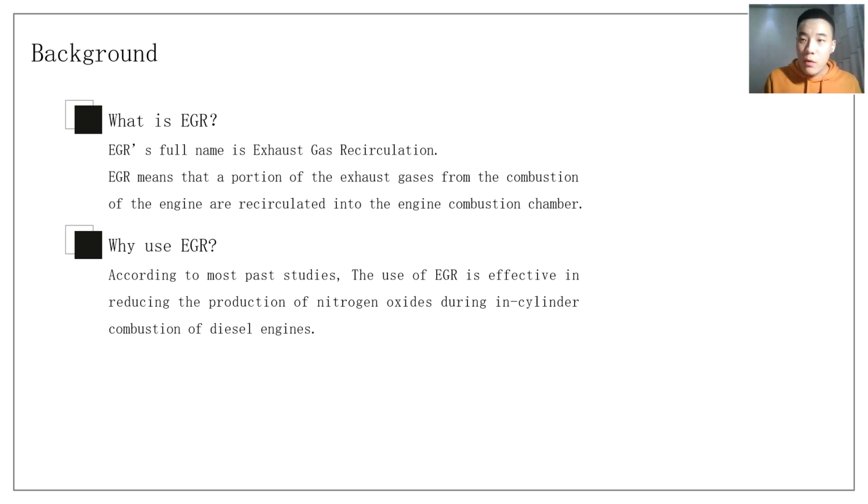Some academics point out in their research on the mechanism that the use of EGR can reduce the oxygen concentration in the combustion chamber, prolong the combustion duration, and effectively reduce the generation of nitrogen oxides. So we need to use EGR to protect our environment.